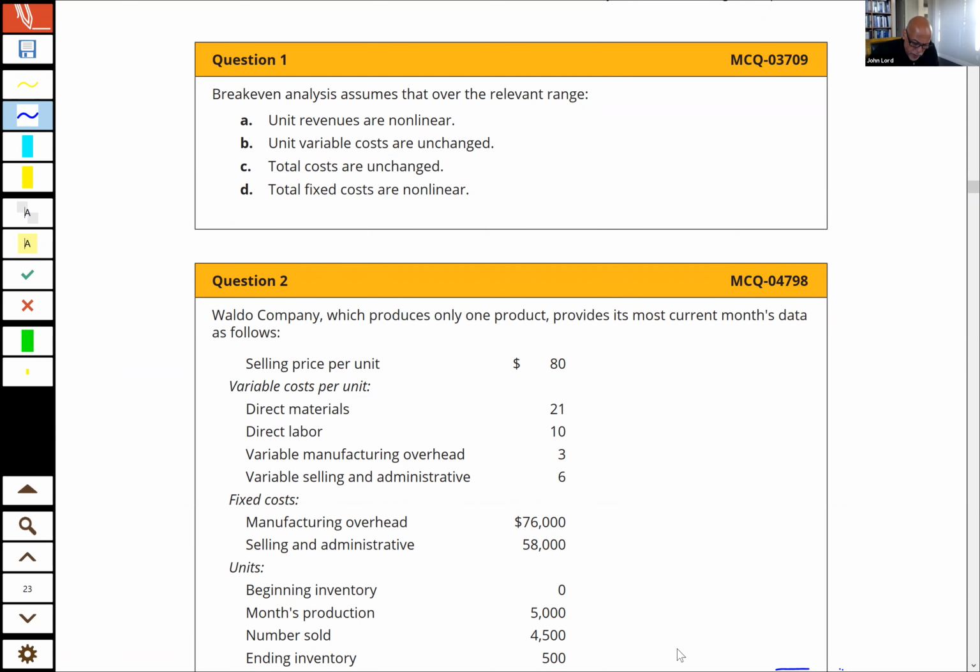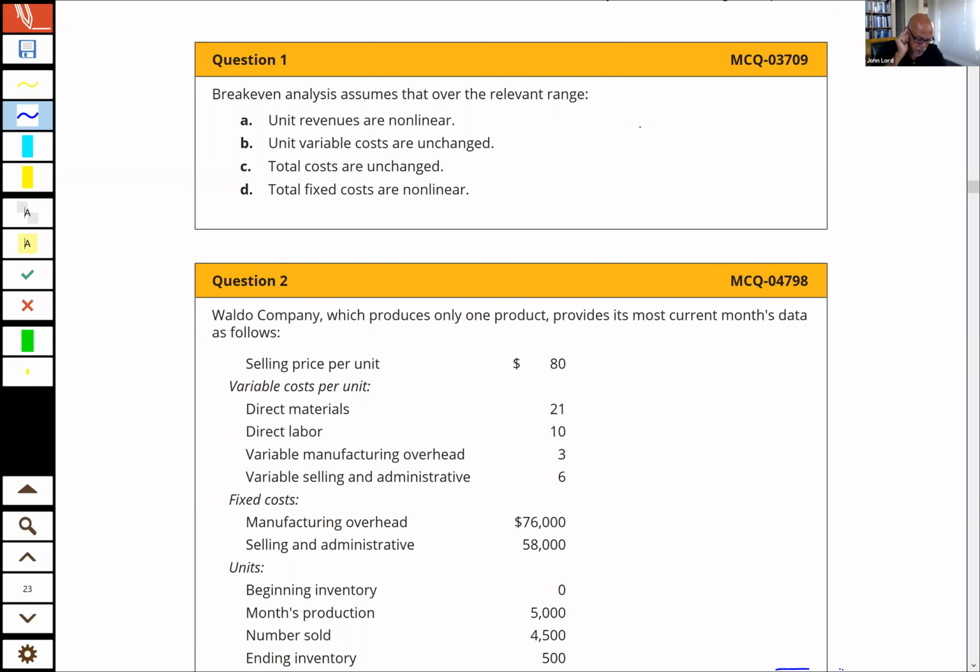Okay, guys, let's go ahead and wrap this one up and take a look. Most of us got it right. I'm a little concerned with some of the choices here, though, because I'm not sure why you would think that, but most of us got it right, B. But let's take a look at this one.